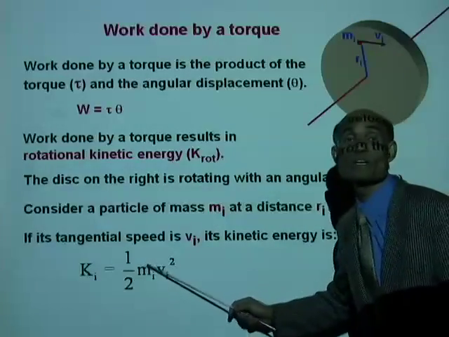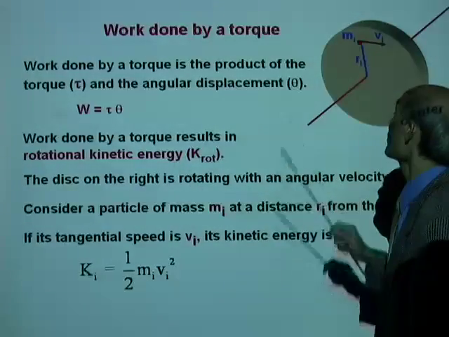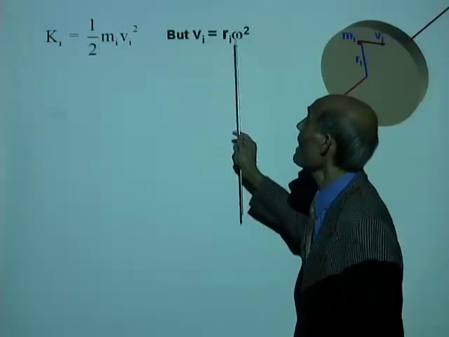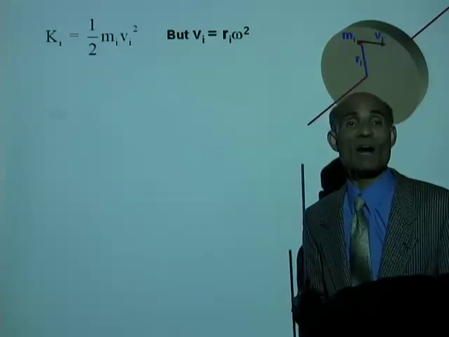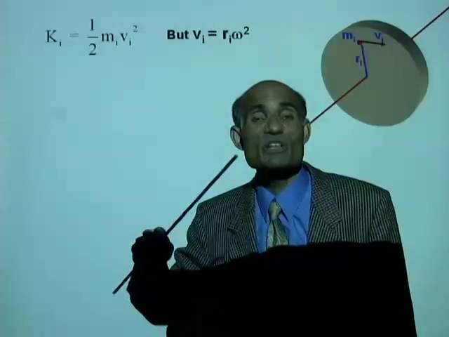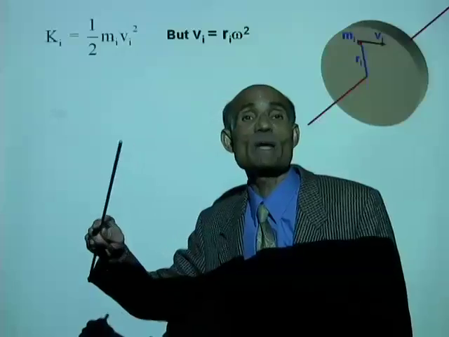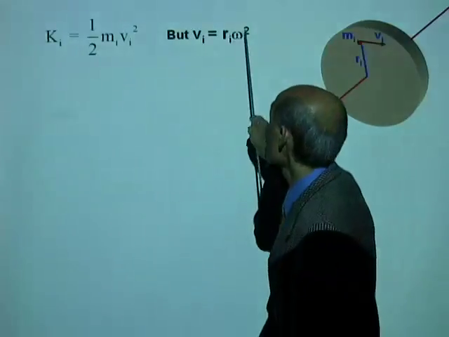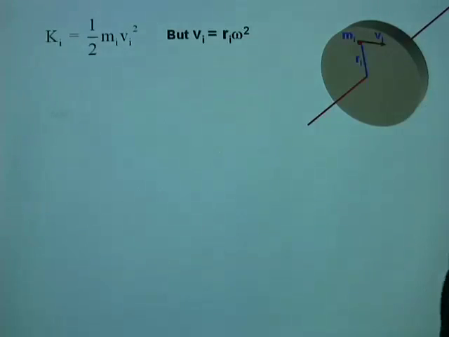Well, this can be applied to any particle on the disk. Alright? But vi equal to ri omega squared, is that right? The linear speed equal to r omega, v equal to r omega, not omega squared. You need to make that correction. vi equal to ri omega.